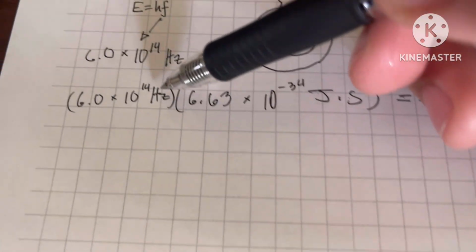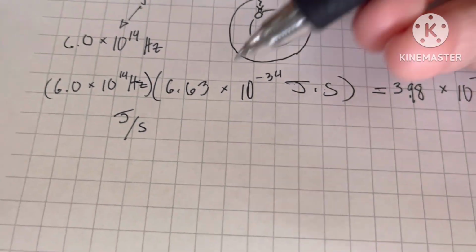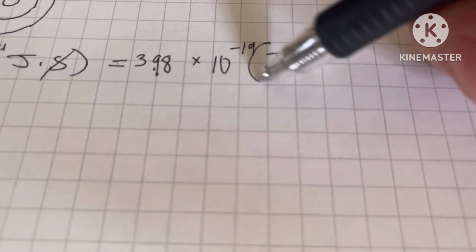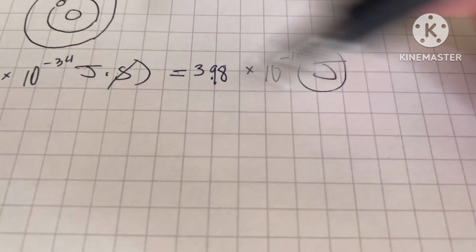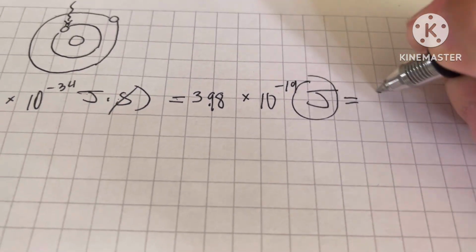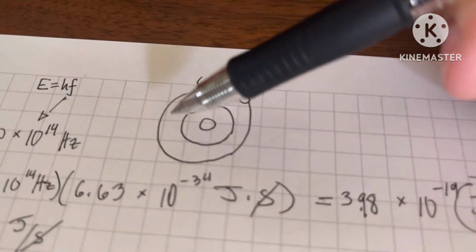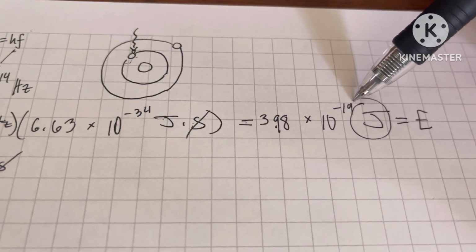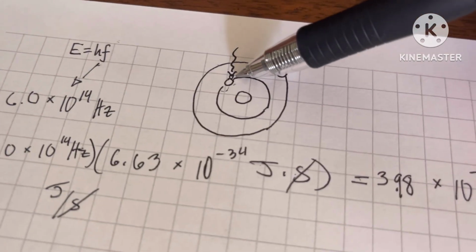And because it's joules over seconds, cancel. That's how we got joules. And this is how we got energy. So this electron is going to be getting a very tiny amount of energy, but a lot for this little guy.